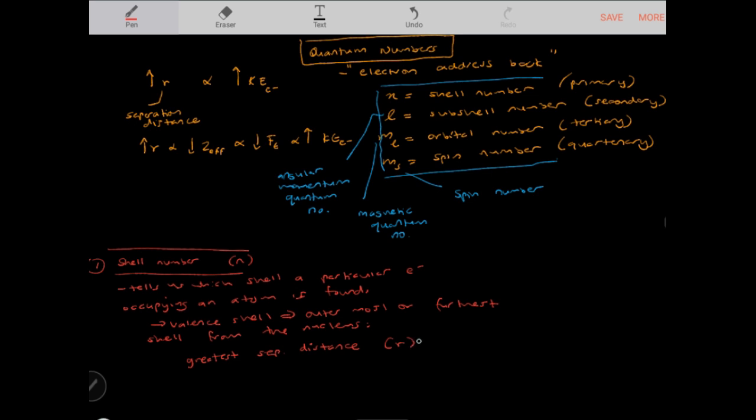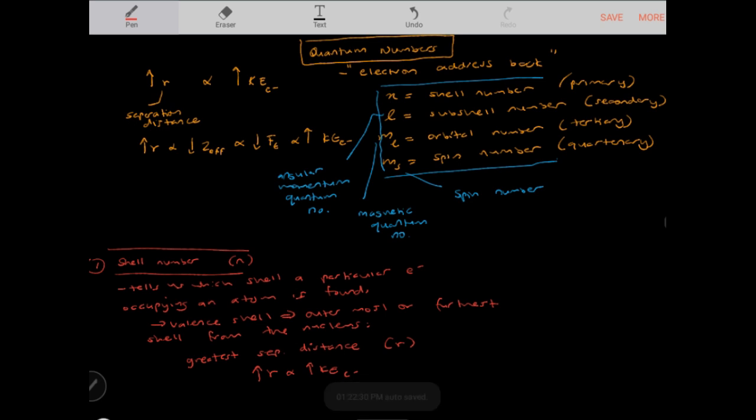So the r value is going to be the maximum for that atom, and as a result, the kinetic energy of that electron will be the highest. That's why we look at the valence shell, because the valence electrons have the highest energy. We're going to talk about how having high amounts of energy means that electrons will collide with other electrons, and usually there's going to be some sort of chemical reaction that takes place.